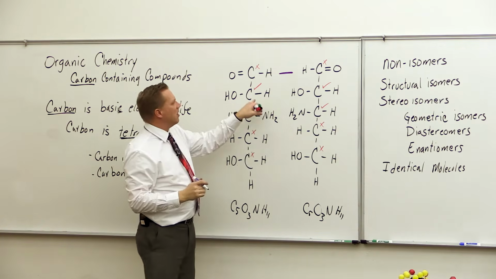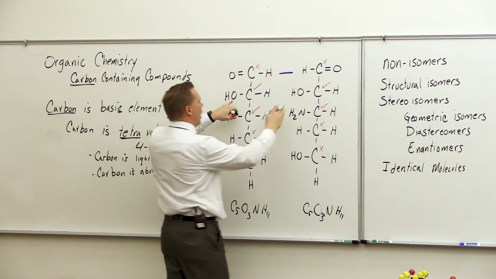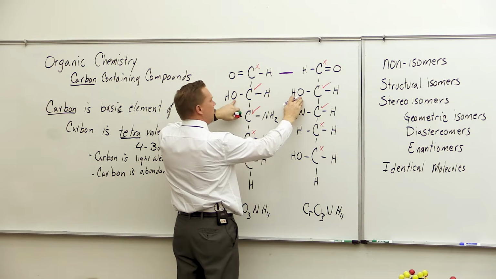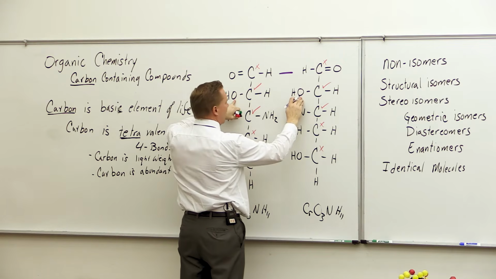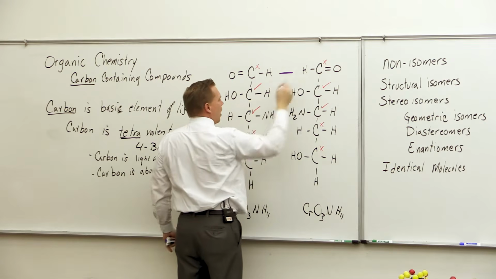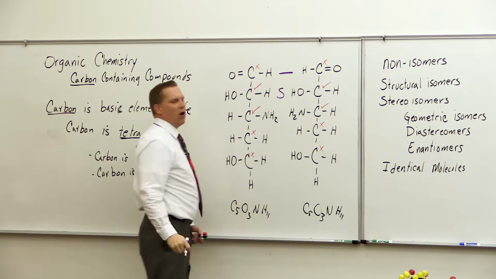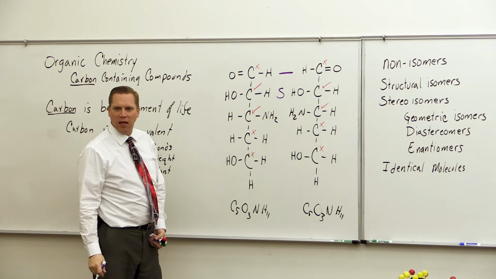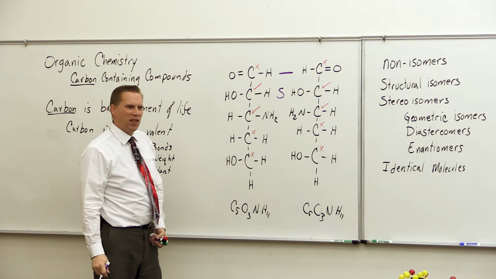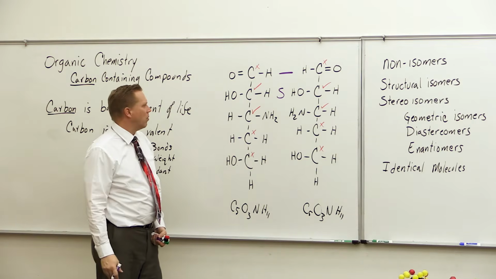No one cares. These 2 are asymmetric. So are they in the same orientation or a mirrored orientation? Well, I have the OHs on each side. They're on the left side of the carbon, and the H's are on the right side, and then the tops are the same and the bottoms are the same. So I'm going to put an S there because those 2 are in the same orientation. Does that make sense? Do you guys think you could recognize that if we had a different problem?